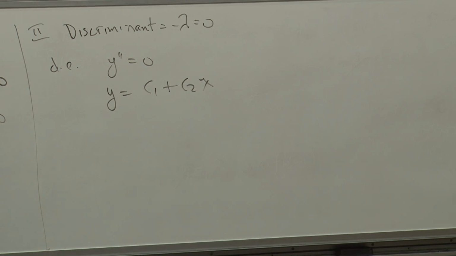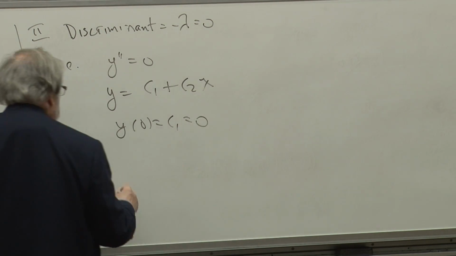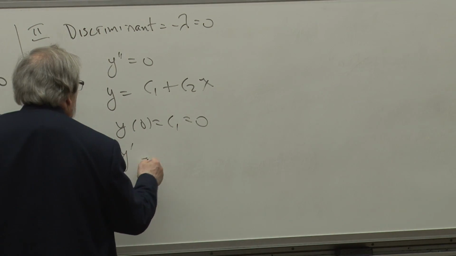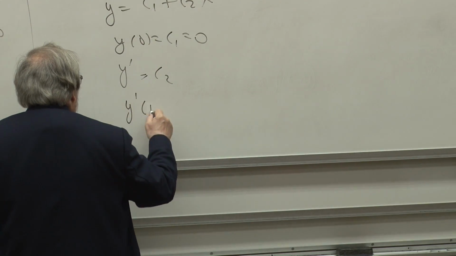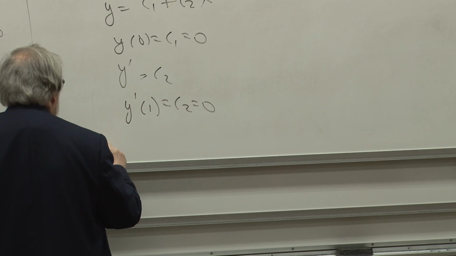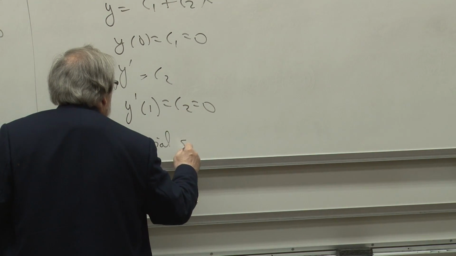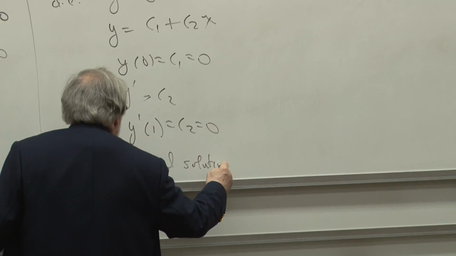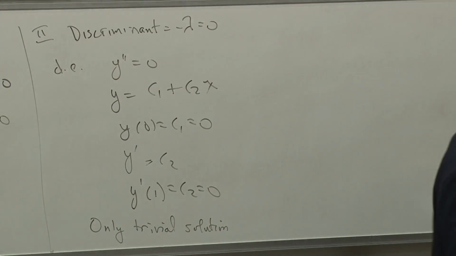Applying the boundary conditions at 0, we get C1, that's 0. The derivative is C2. So y prime at 1 is C2, that's 0 only. And again, only the trivial solution.